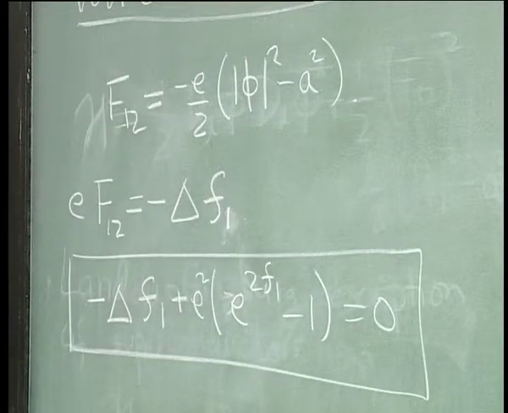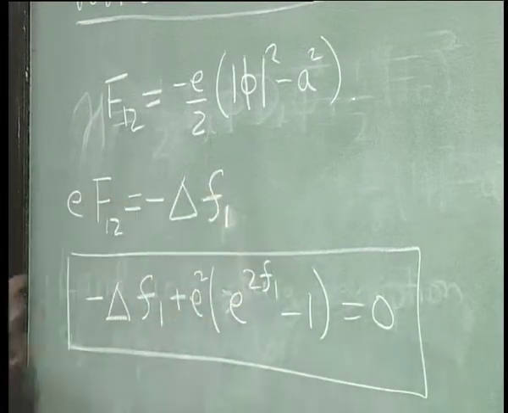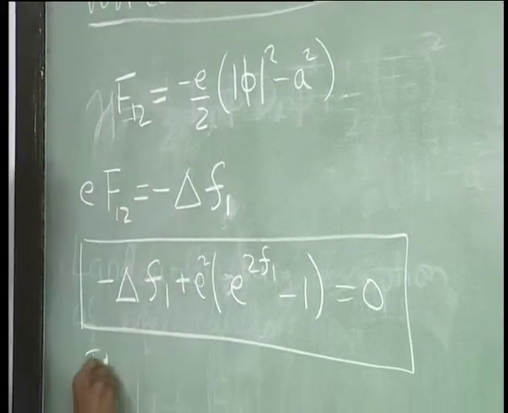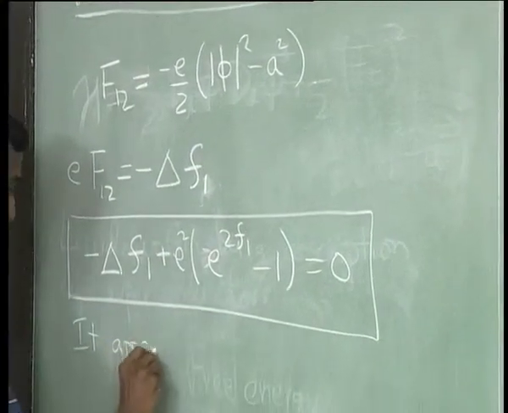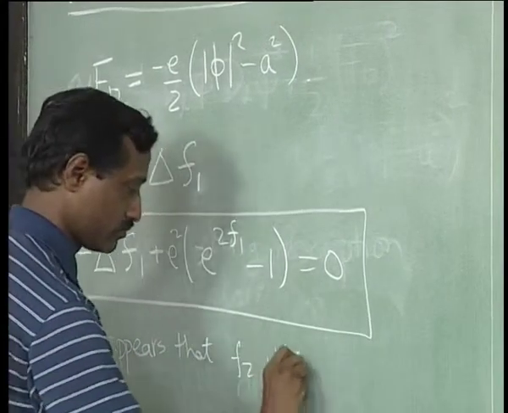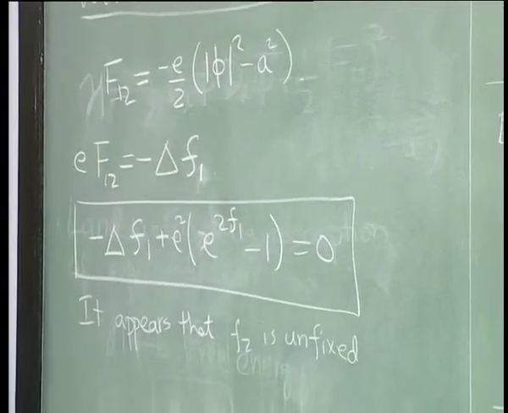So this is the equation that we need to solve, but surprisingly what we see is that there is no F2 in the problem. It looks like F2 is unfixed. Okay. The question is, is that a problem?